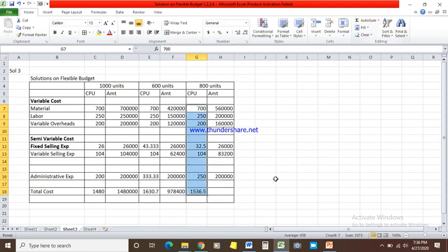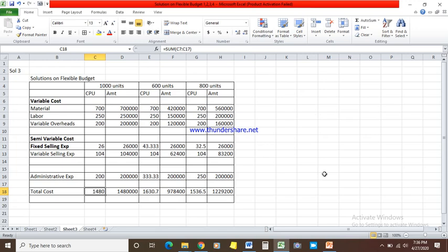Now again if I take the total, it comes to 1536.5. Comparing all three: if we manufacture 600 units, the cost per unit comes to 1630. If we slightly increase the production, we go to 1536. But if we manufacture 1000 units, we will be incurring 1480.